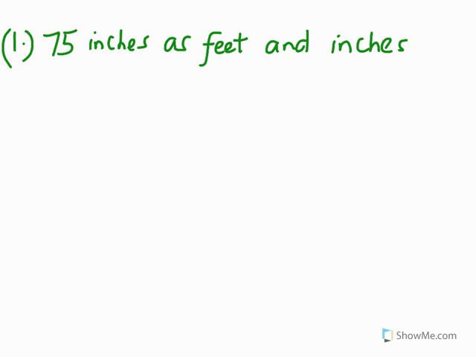Now what we want to do first is convert this 75 inches to feet, and we get the integer part as the feet, and then the decimal part is also feet, but we now convert the decimal part to inches. That is the first method I am talking about. So let's go ahead.